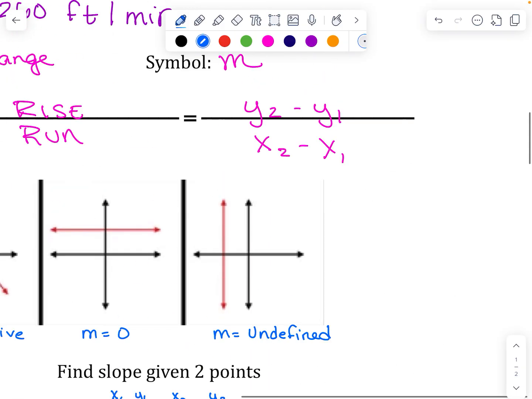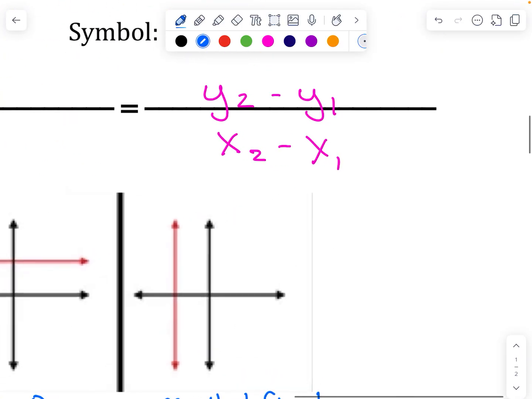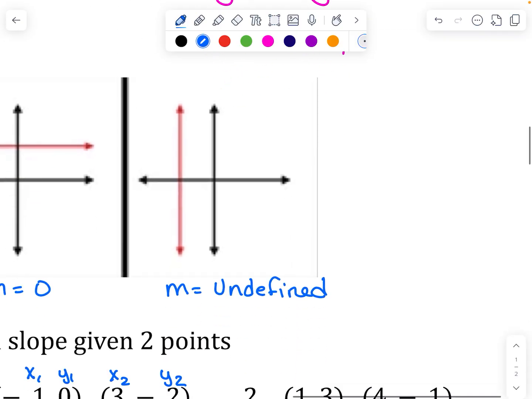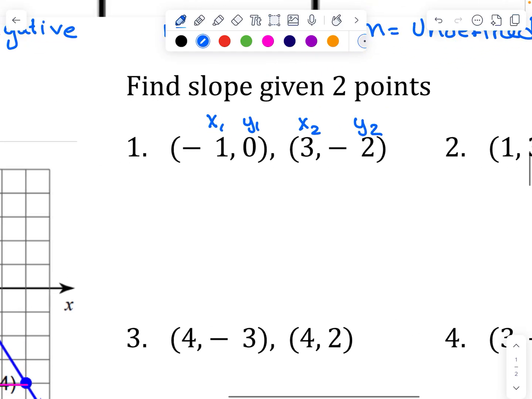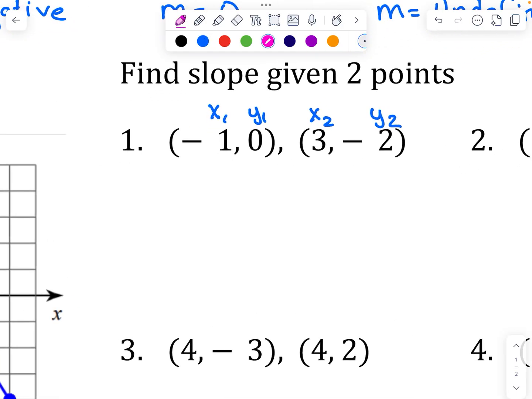Again, our formula for finding slope is y2 minus y1 over x2 minus x1. So I'm just going to set up m equals, that's our slope, y2, -2, minus y1, 0, over x2, 3, minus x1, -1.